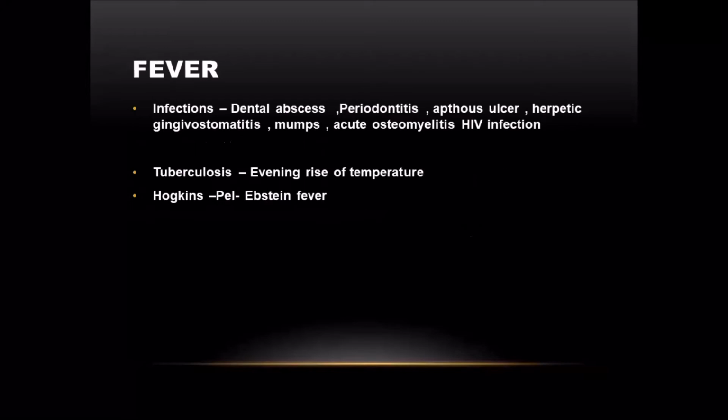And most of the neck swelling is accompanied by fever. Again, infection causes fever, but in certain infections the pattern of fever changes. For example, in tuberculosis, there is an evening rise of temperature. In Hodgkin's disease, we see Pel-Ebstein fever, which is the intermittent bouts of fever.